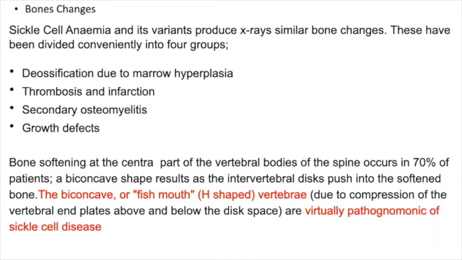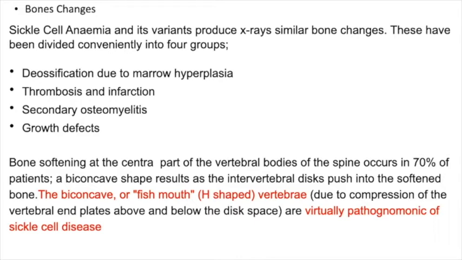The vertebral bodies become soft at the central part, and then take the appearance of biconcave vertebrae, fish-mouth or H-shaped vertebrae. This appears in around 70% of patients with sickle cell disease, and it is virtually pathognomonic of sickle cell anemia.